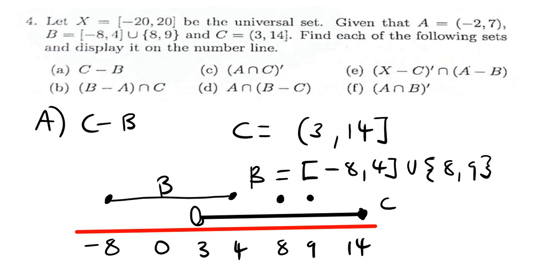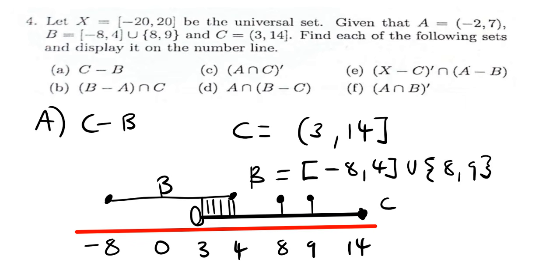Now which question are we solving? C minus B. What this means is that from C we should remove B. Which parts overlap? This part overlaps, we have to remove it, and also these 2 points are overlapping, we have to remove them.